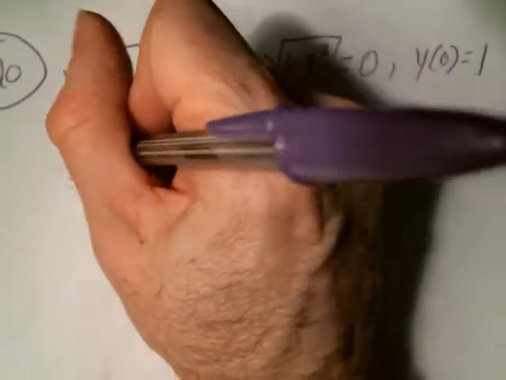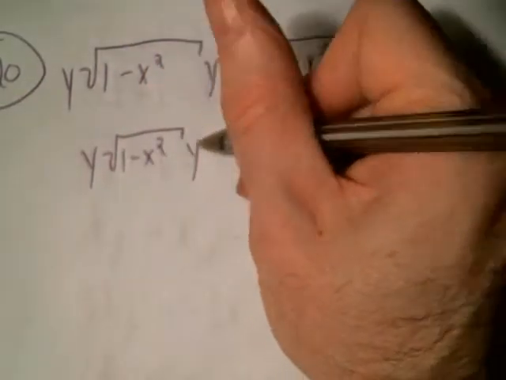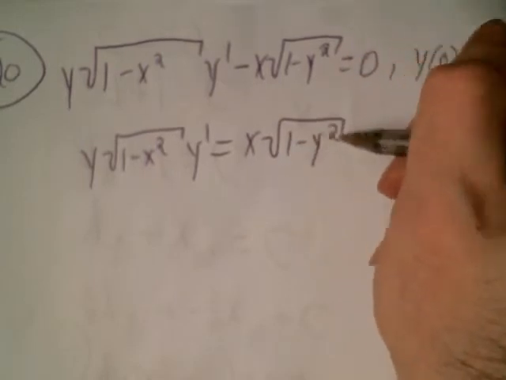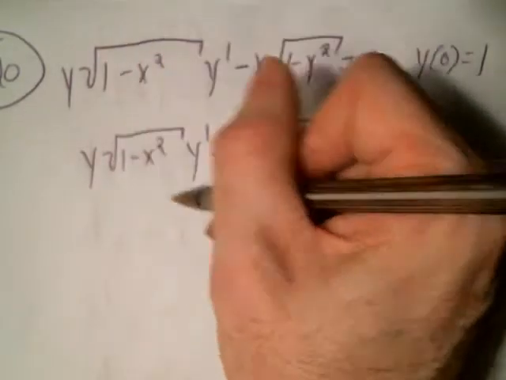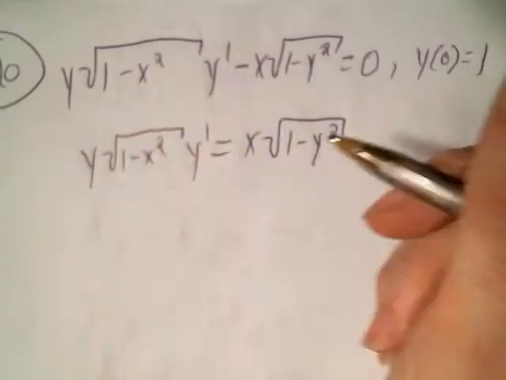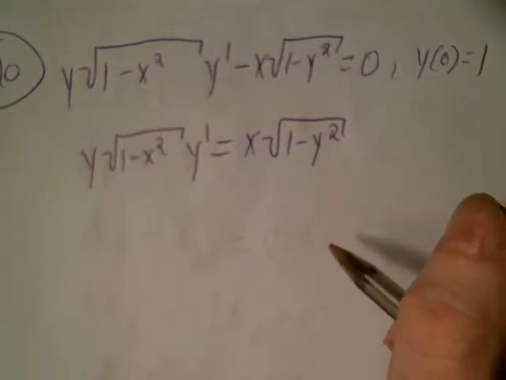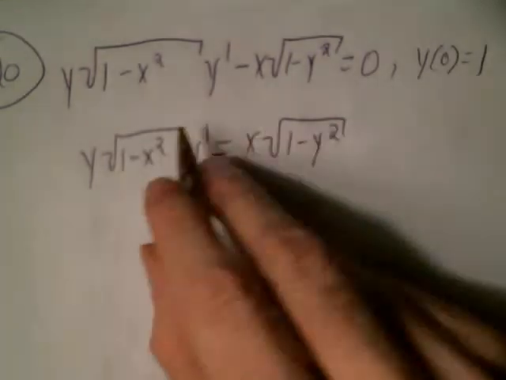So let's separate. I'm going to move this over, move that over there. There is a trivial solution there. I think 1 is a trivial solution. Yeah, but we're not interested in that.